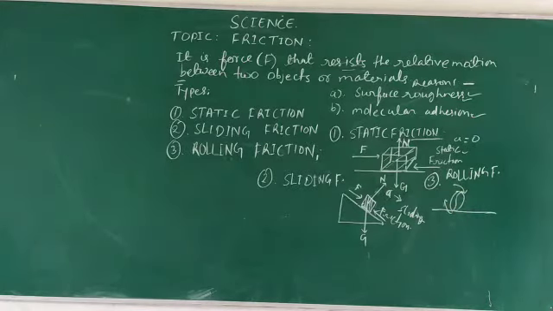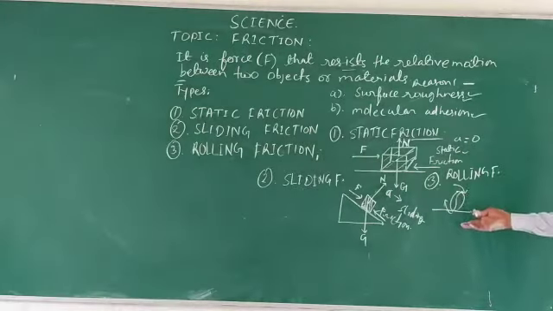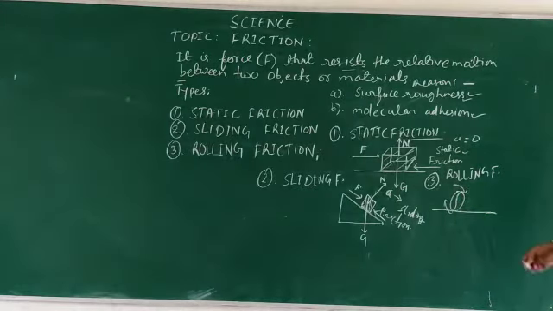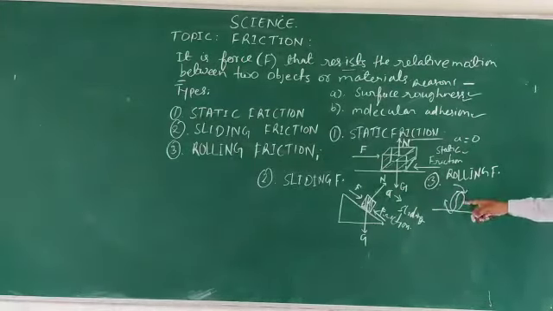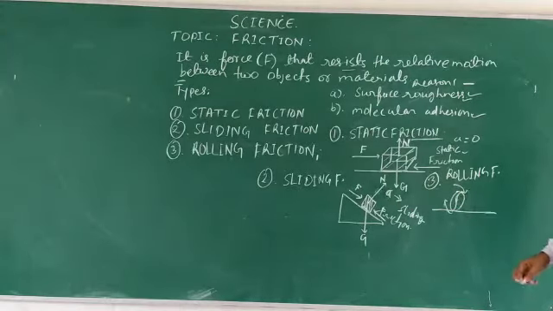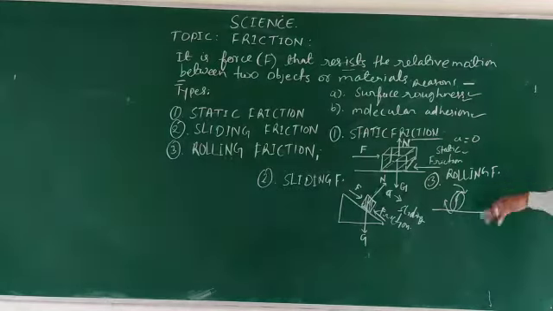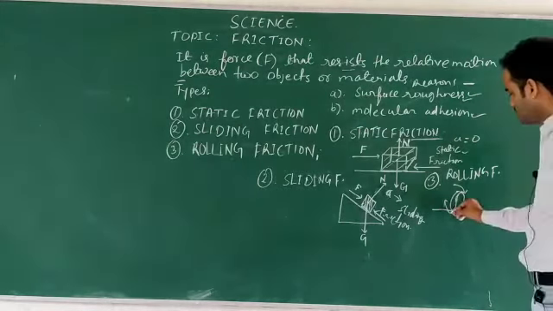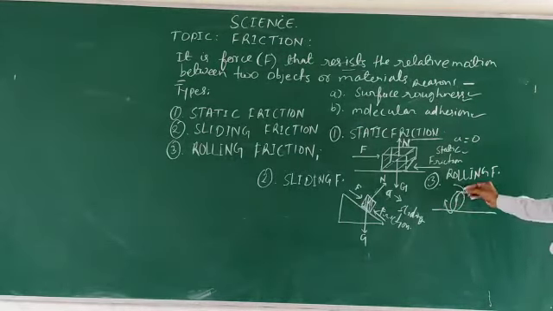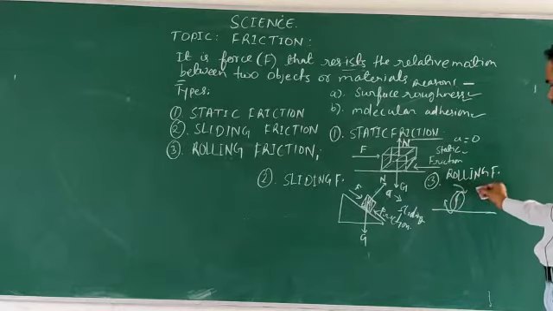Rolling motion is the combination of translational motion and rotational motion. Rotational motion means the object is moving about its imaginary axis, or any other axis which is inside the object. In this case the object is rolling, so acceleration would be in this direction.